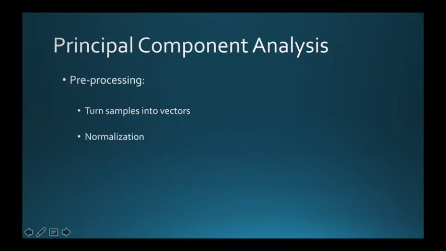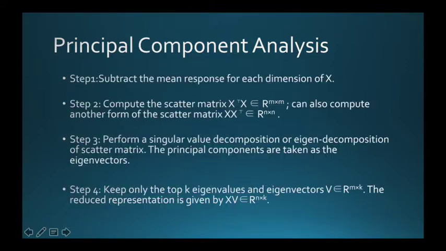Firstly, we have to turn the samples into vectors, and then we have to apply normalization on these vectors. These are 4 steps to apply PCA. Step 1, we need to subtract the mean response for each dimension of X. Next, we have to compute the scatter matrix.